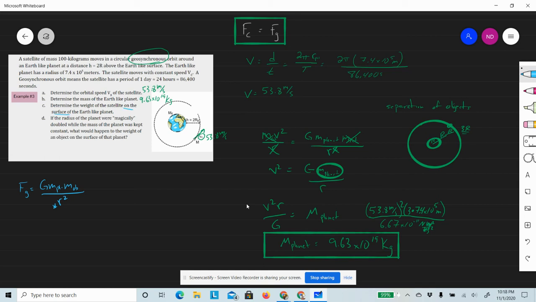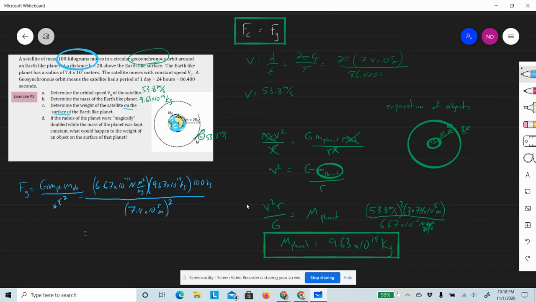So here it is 6.67 times 10 to the negative 11th newton meters squared per kilogram squared, times the mass of the planet, 9.63 times 10 to the 19th kilograms, times the mass of the object, 100 kilograms, divided by the separation between them squared, 7.4 times 10 to the 5th meters squared.